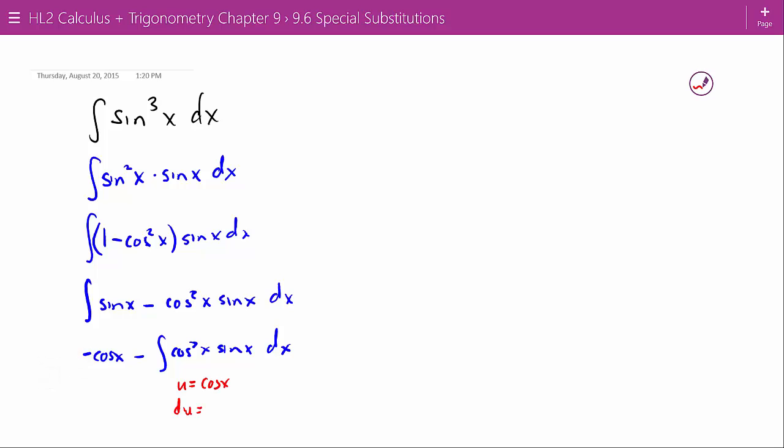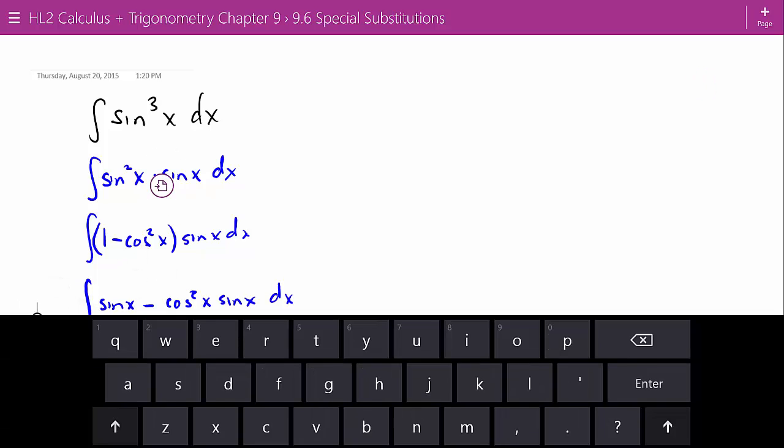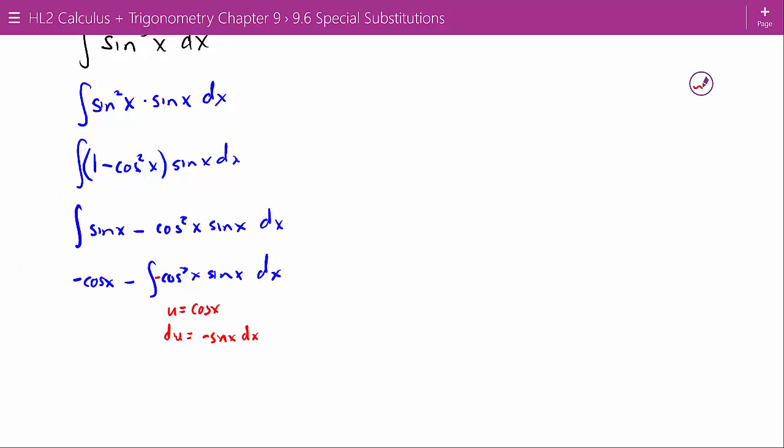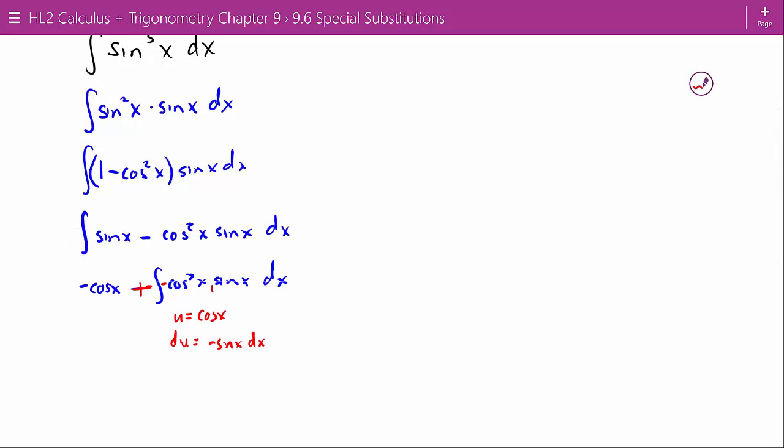So du is going to be negative sine x dx. So we need a negative and a negative outside to balance out, which makes out here a positive. And we have our sine x dx right there.